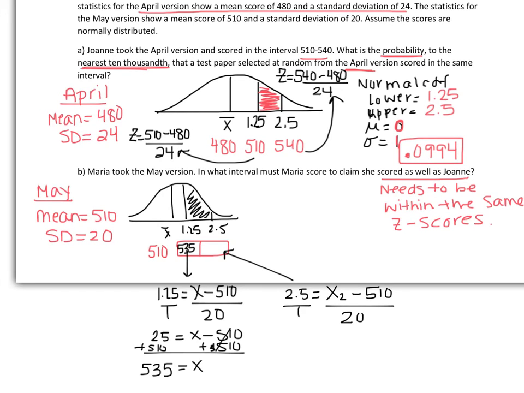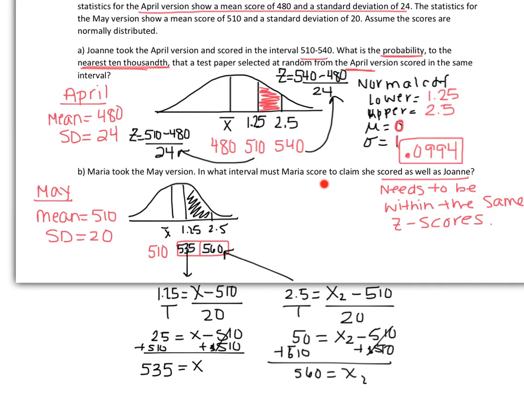Put this over 1 and cross multiply. You should get 50 equals x sub 2 minus 510. Add 510. You should get 560 equals x sub 2. So 560 is there.